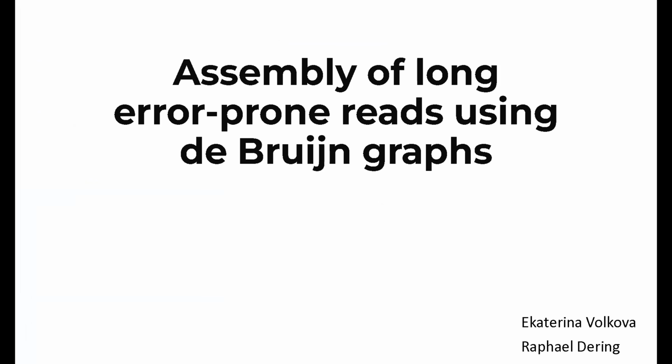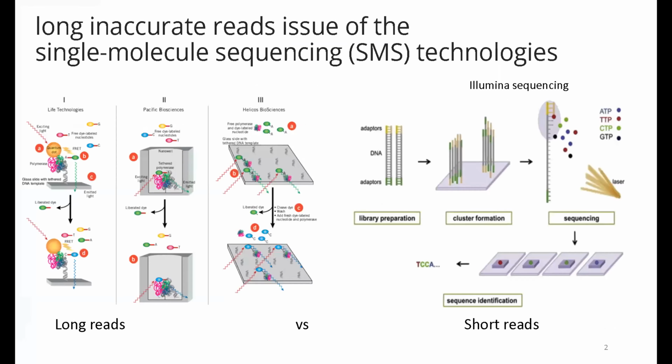The de Bruijn graph comes in again, so to speak, and we'll see it from another side, and watch how the de Bruijn graph can handle long reads. We have two strategies to produce reads from a sequencing machine: long reads or short reads, and there are pros and cons of each strategy.